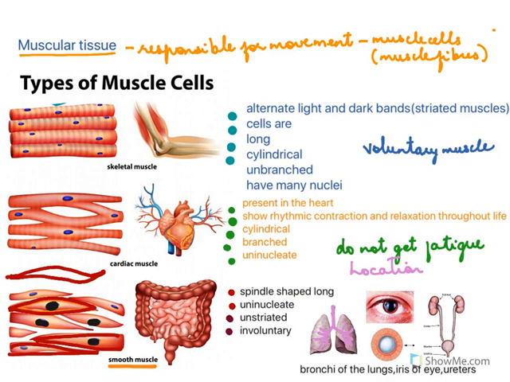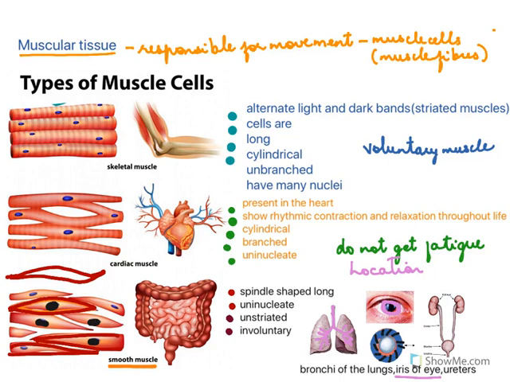These involuntary muscles are present in the bronchi of the lungs. They're also present in the iris of the eye. Now what is the iris of the eye? It is the colored portion of the eye. We have these different colors. Some have blue eyes, some black, some brown. So the iris of the eye is this portion around the pupil, and in this iris we have these muscles which contract and relax to change the size of the pupil.